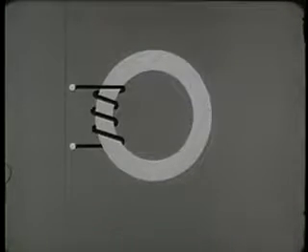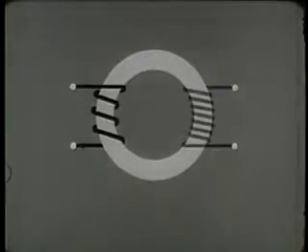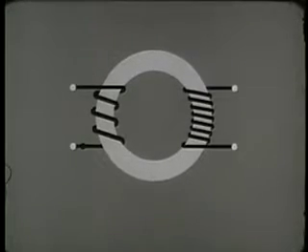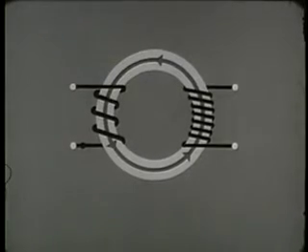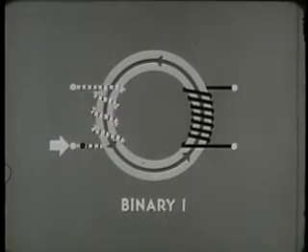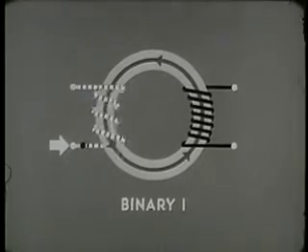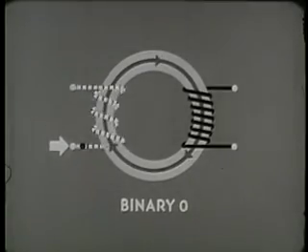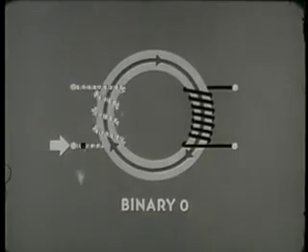Now, how do we get information out of a core? By means of a second winding. Let's follow the transfer of information from input to output. Assume the core is in a state of positive residual magnetism, in the binary 1 state. To change the core to binary 0, we send current into the dot side of the input winding. Dot current switches the core to binary 0, reversing the direction of the magnetic lines of force.